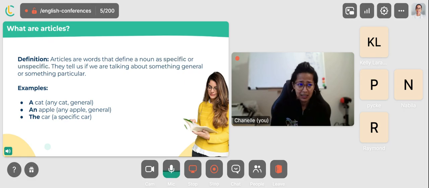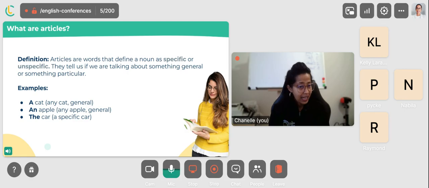So what are articles? Articles are words that define a noun as specific or unspecific. They tell us if we are talking about something general or something particular. Examples: a cat. If I'm talking about a cat, I am talking about any cat in general. Or an apple.